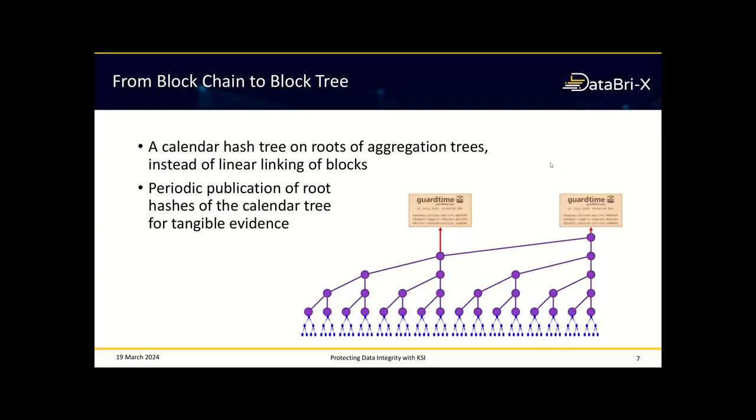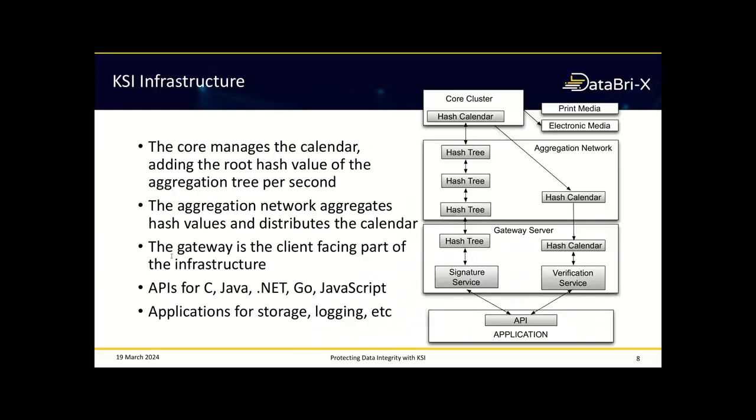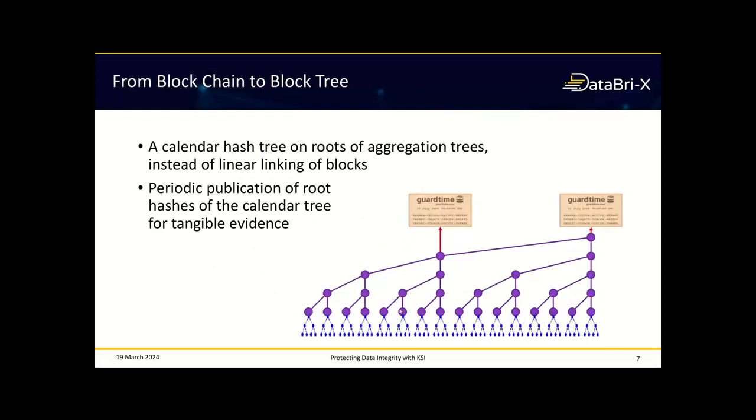So the publications are cumulative: each one covers a longer time span than the previous one, the whole time span since the service was started until the moment when this publication was generated. Any of those timestamps can be linked to any of the publications that have been made after the timestamp was issued, and both the time and the integrity of the timestamp can be verified against this publication.